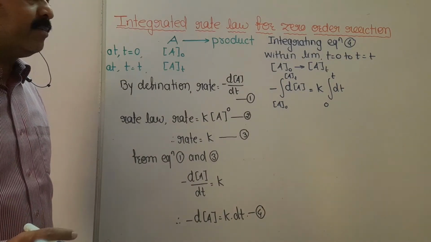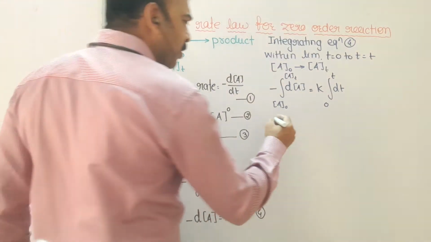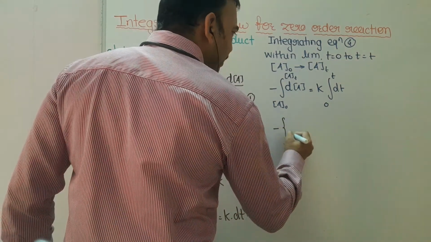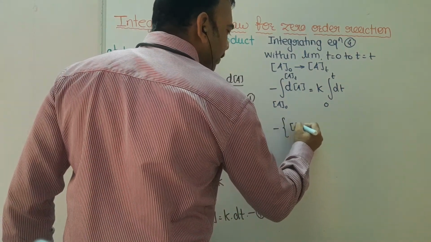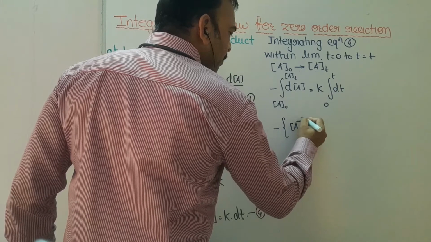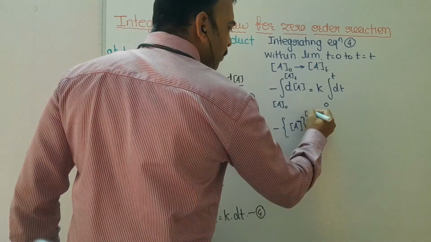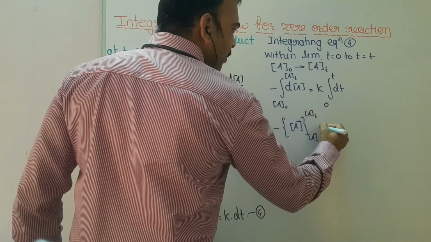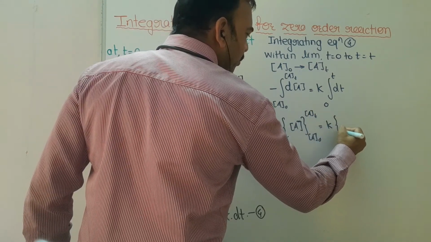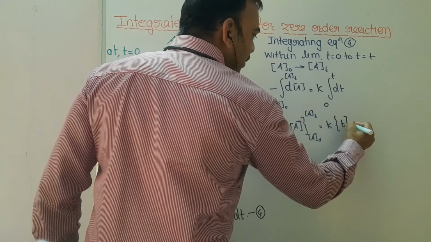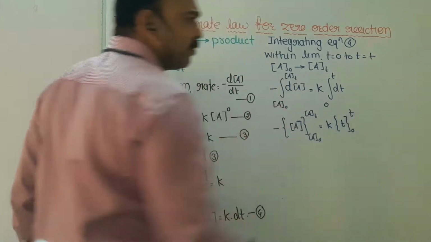Integration of dx is x. So integration of minus dA is minus A, from A0 to At, equals k into integration of dt, which is t, from 0 to t.